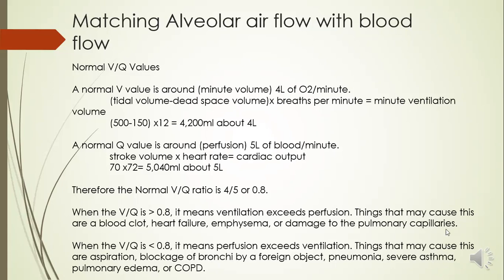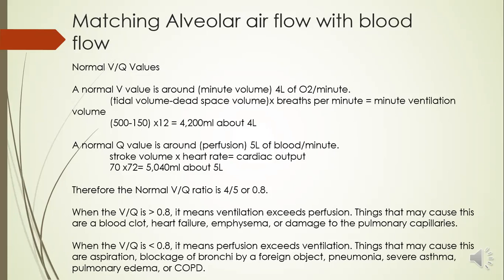So when you're trying to match alveolar airflow with the blood flow, we are looking at what is a VQ ratio, where V represents ventilation and Q represents perfusion. So if I were to address ventilation alone, ventilation is the amount of air that is available for gaseous exchange, which means it is the alveolar ventilation.